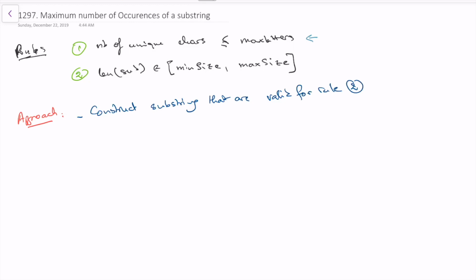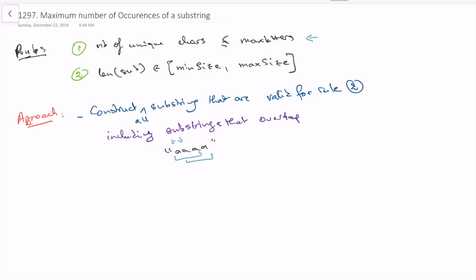And then once we do that, we construct all substrings, including, and this is very important, substrings that overlap. What I mean by this is, in one of the examples where we had AAA, the substrings that we considered overlap, as you can see.